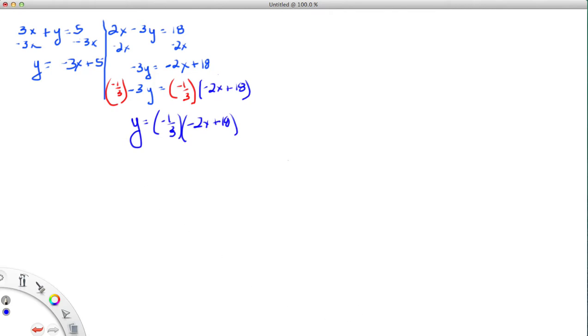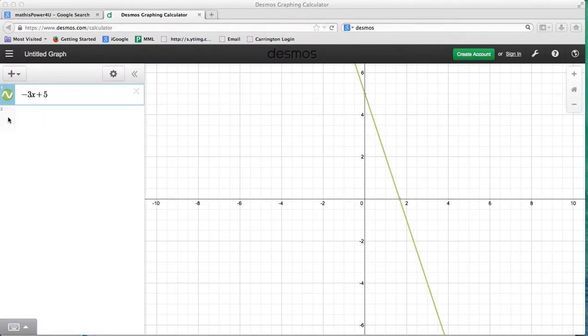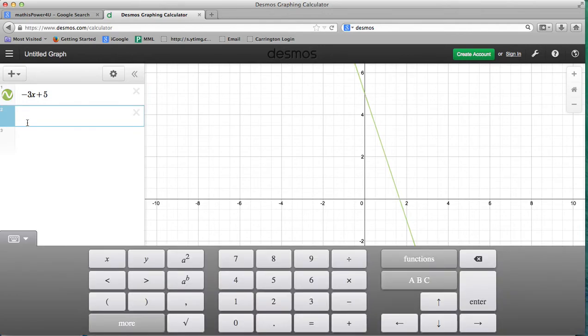I'm going to go back to our Desmos, and I'm going to click here. I'm going to enter that graph. So it was parentheses negative 1/3, and then that was times parentheses negative 2x plus 18.